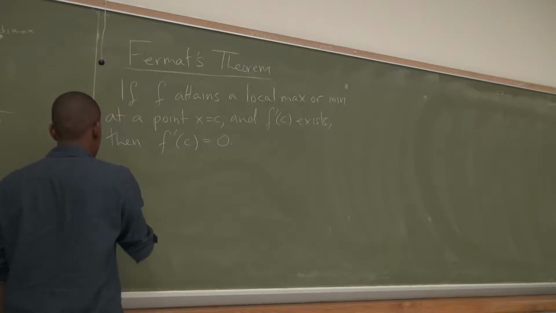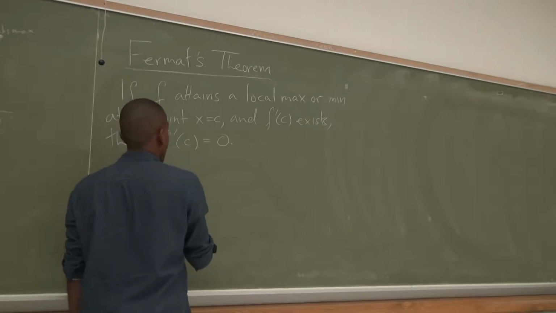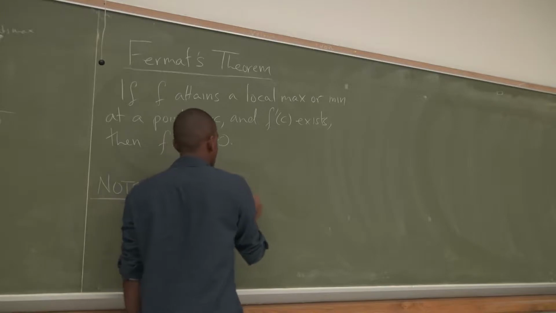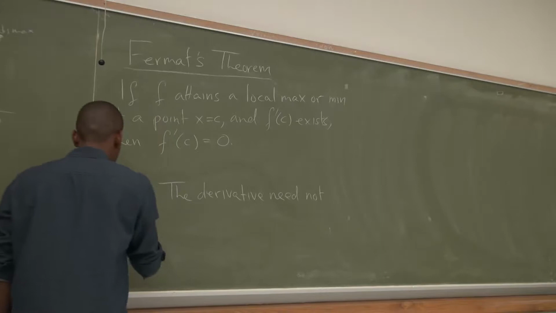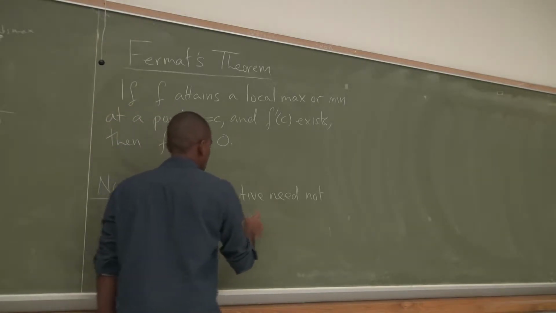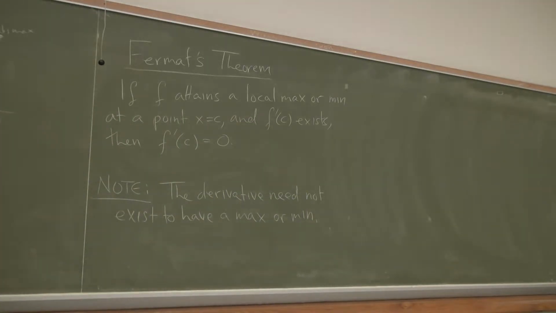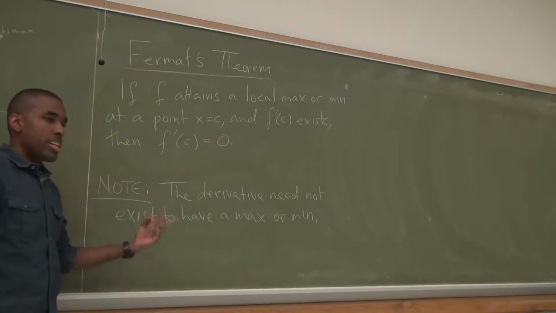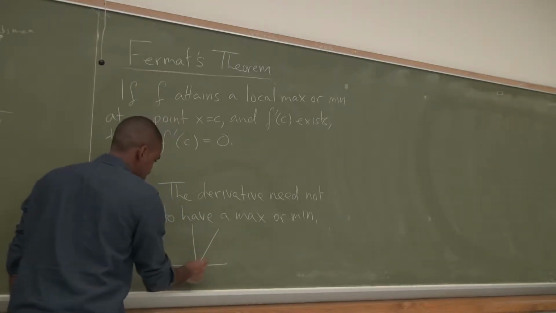Notes. One important thing is that the derivative doesn't have to exist. If it exists, we know it has to be 0, but it actually doesn't have to exist, and we can use the age-old example, absolute value of x. Right?